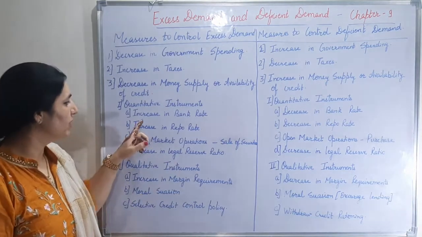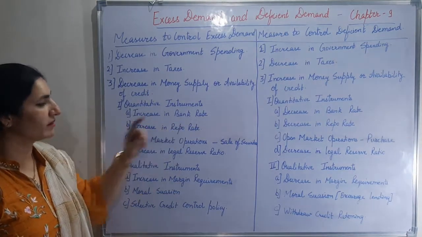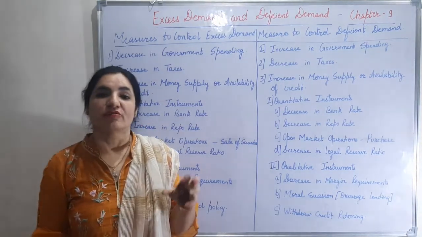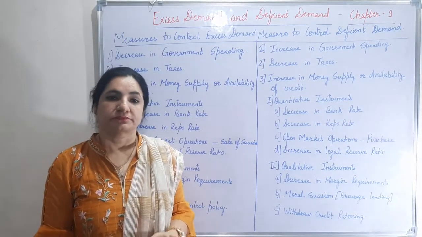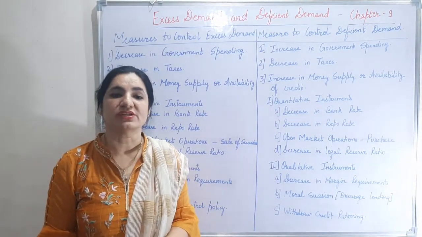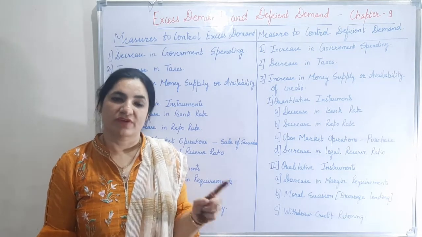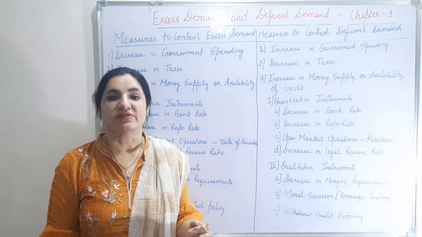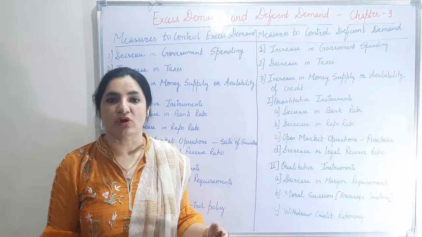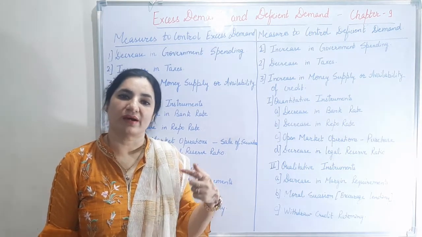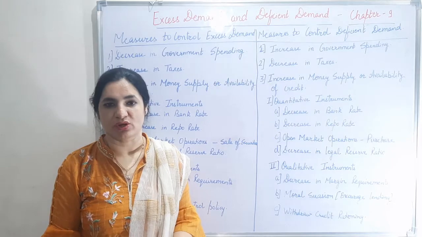First is increase in bank rate. Bank rate means for long-term loans, the percentage of interest to be charged on this loan is fixed by the central bank. Central bank lends to commercial bank on that rate, and commercial banks further lend to the public on the same rate.